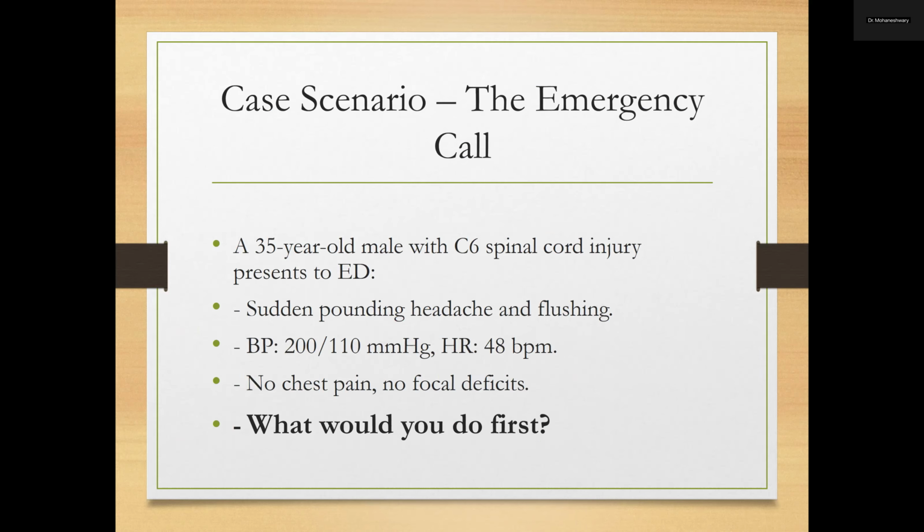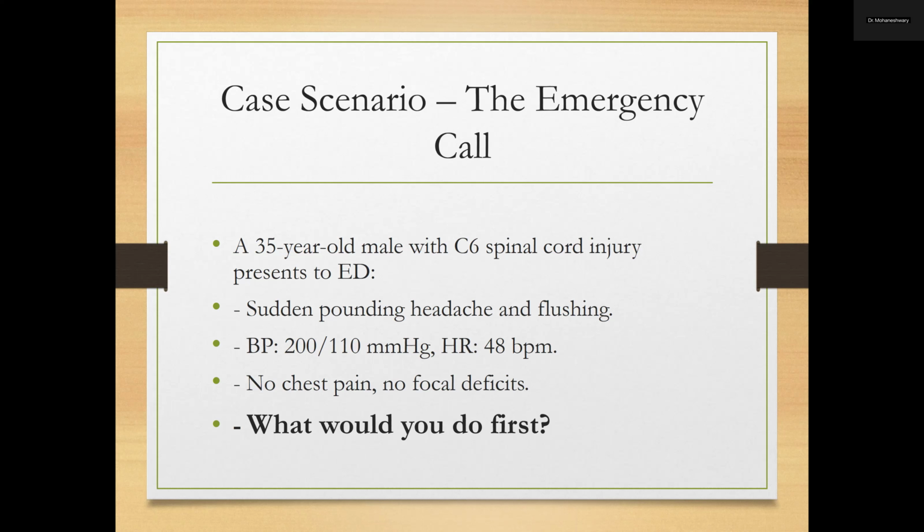I'll start with a case scenario. Imagine one of you is getting a call, and this is a typical ED presentation. A 35-year-old male with a complete C6 spinal cord injury presents to the ED complaining of a sudden pounding headache and facial flushing.